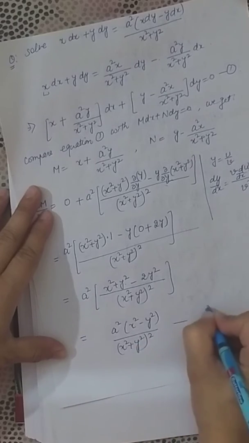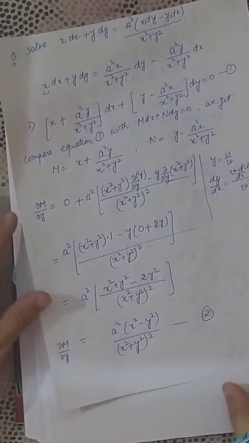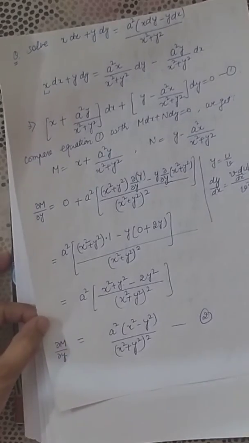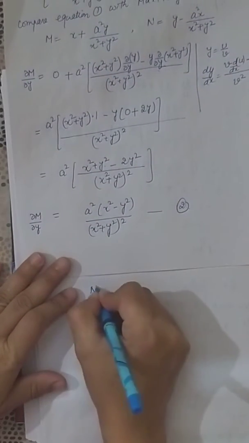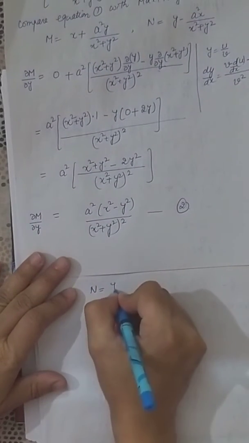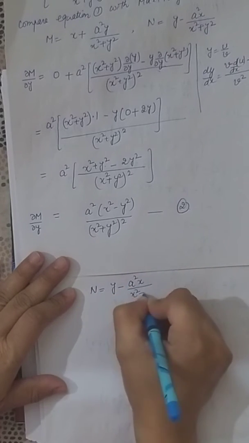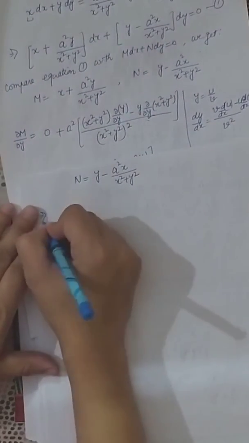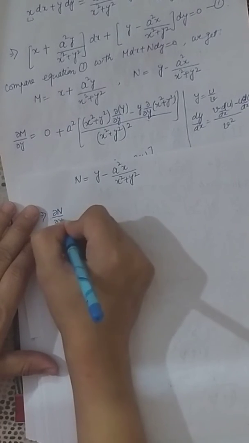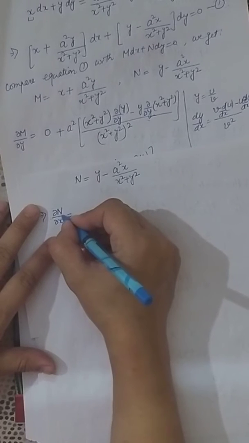Now call it number 2. This is ∂M/∂y. Now I will find partial derivative of N with respect to x. Now N is y minus a square x divided by x square plus y square. This implies ∂N/∂x, that means I have to find partial derivative of N with respect to x.